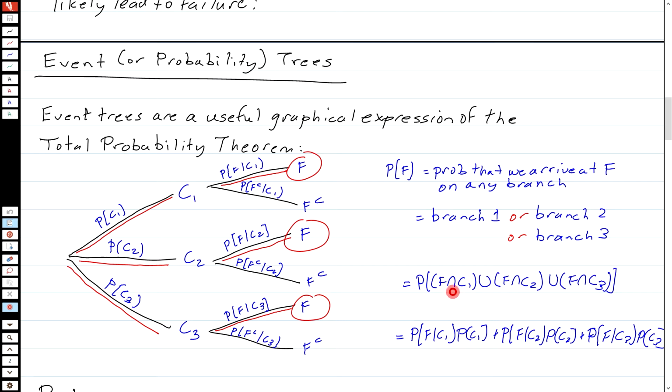So I just multiply probabilities along the paths to get the overall probability of failure. So this really makes the total probability theorem simple. Just draw a tree, figure out which paths you're ending up at, and then add up all the probabilities associated with getting to those endpoints.